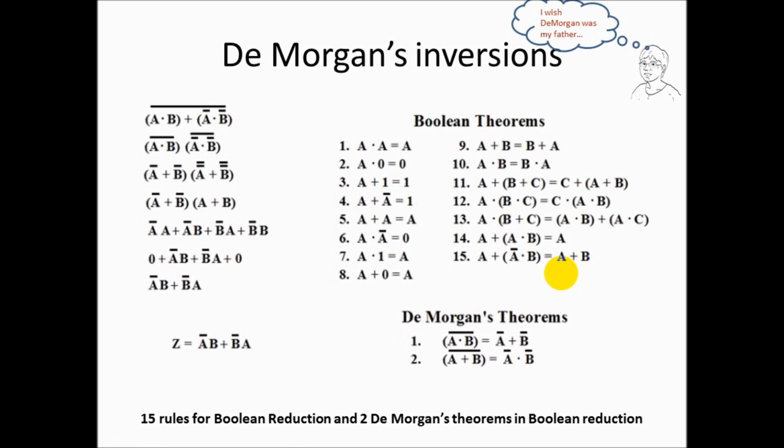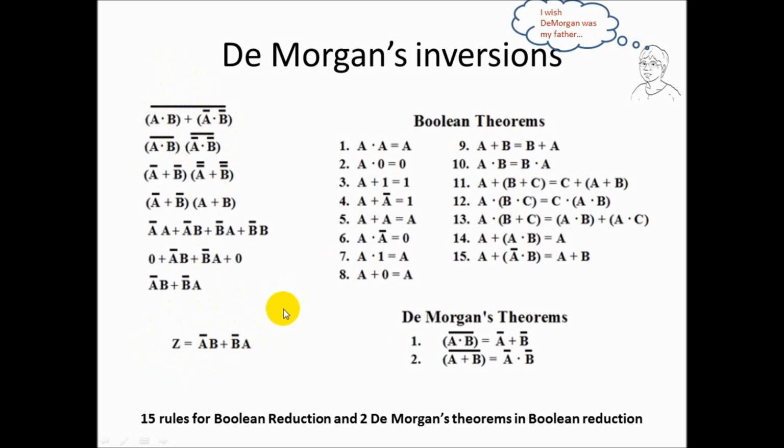The 15 rules of Boolean reduction, it's called, and 2 De Morgan's theorems for the purposes of Boolean reduction. Here we've got A and B plus inverted A and inverted B, and the whole expression is inverted. I'm showing you this. This is a breakdown. All these expressions get reduced to equal this.